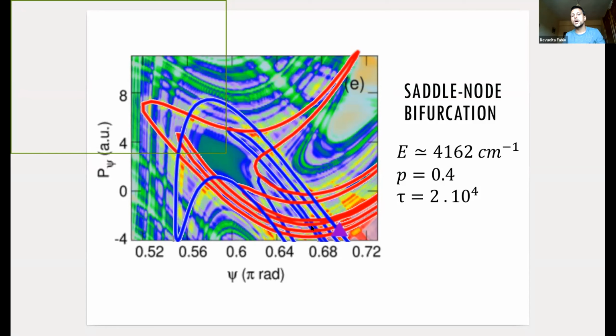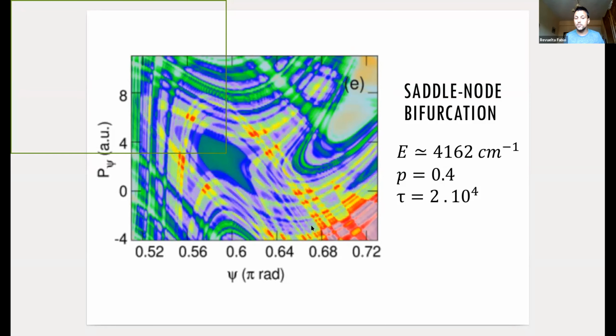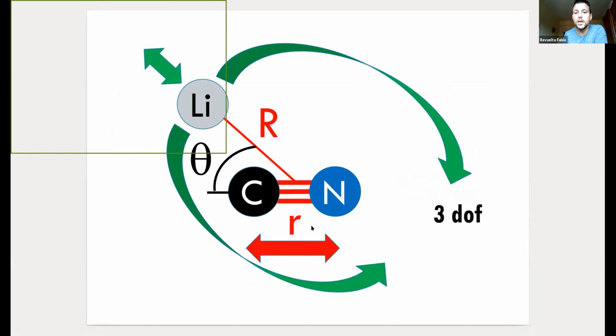So again, the interesting thing is that we can get this picture by just solving the equations of motion. We do not have to linearize motion or use some other more advanced tools to identify the manifolds of the system. Okay, and I think I've been going quite quickly.